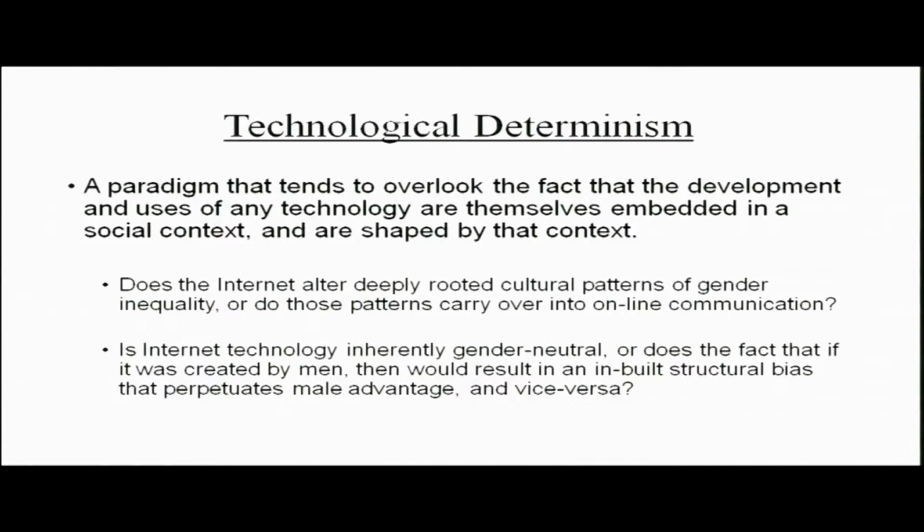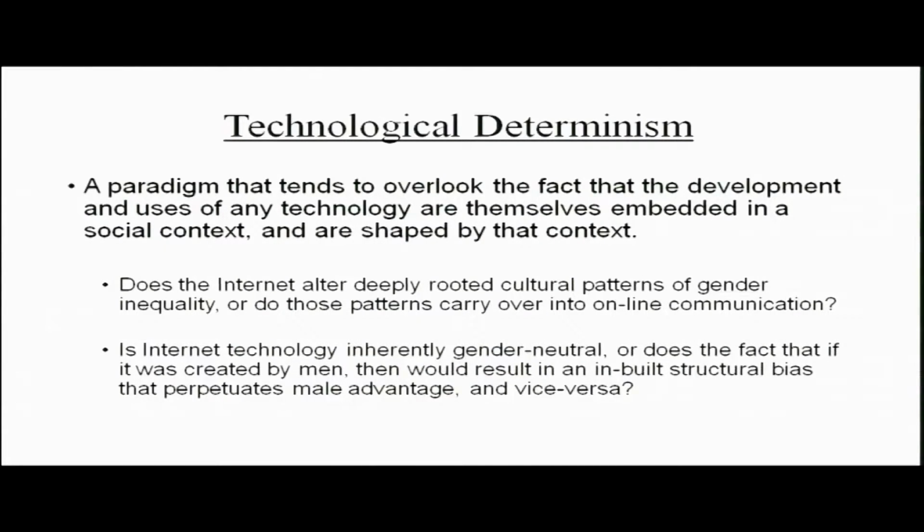So the question here is, does the internet, something that is widely used across domestic spaces, alter deeply rooted cultural patterns of gender inequality, or do those patterns carry over into online communication? We know that if you take a global average, almost equal numbers of women and men use internet applications if it is available and accessible to them.